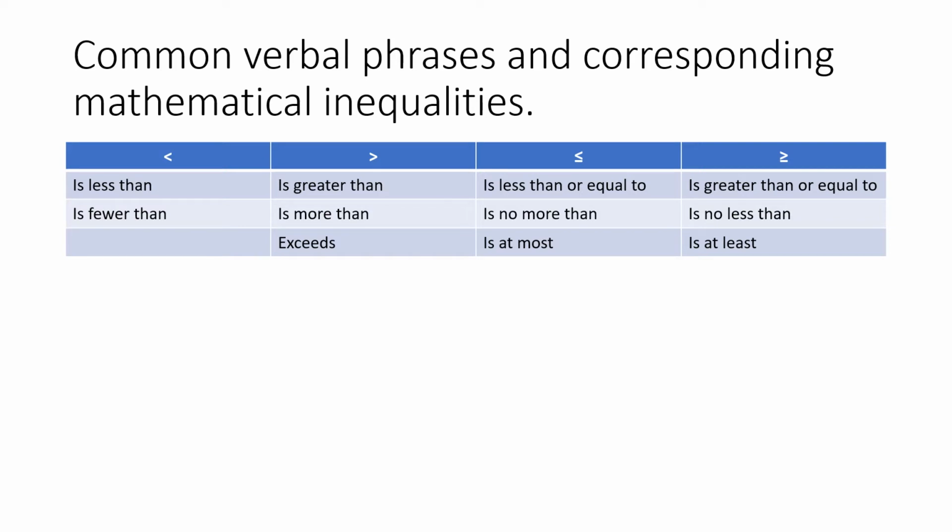It's the smallest number, and that number could be greater. So Mr. Jones has at least 2 children. That could mean that he has 2, 3, 4, etc. But he doesn't have 1 or 0 or negative children, which is kind of hard to have. So that's how that works. Again, you may want to refer to this as you work through your problems.